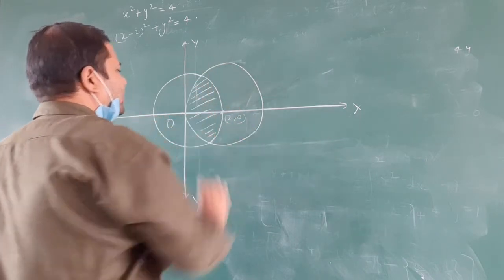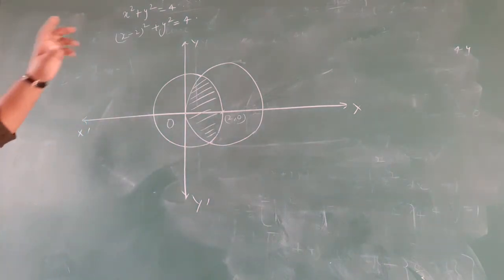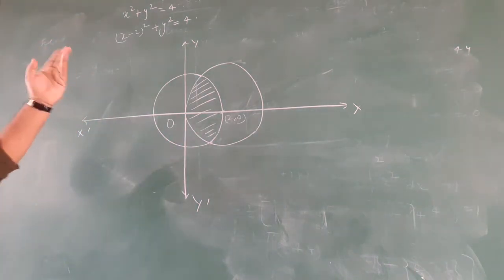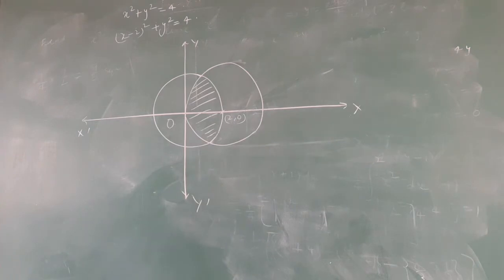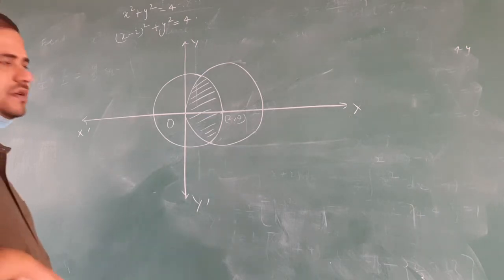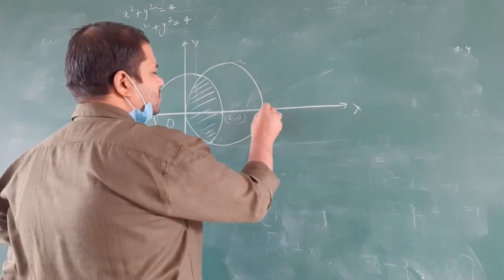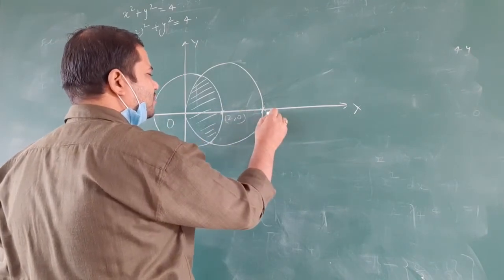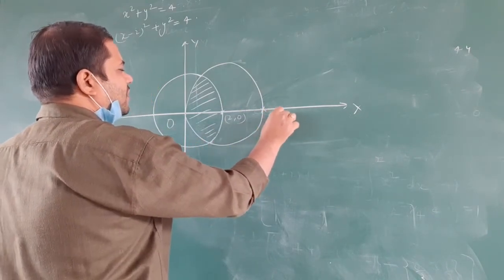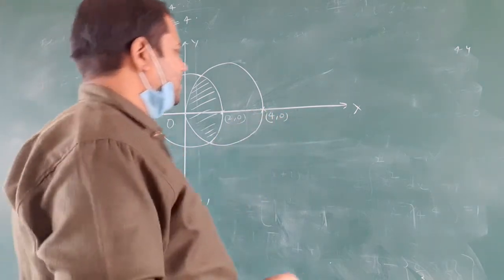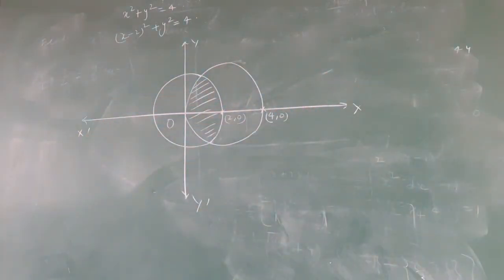If you see the radius of the second circle, x minus h whole square plus y minus k square, this is also 2, that means the radius is again 2. So this one is 4, 0, and this one is 2, 0.